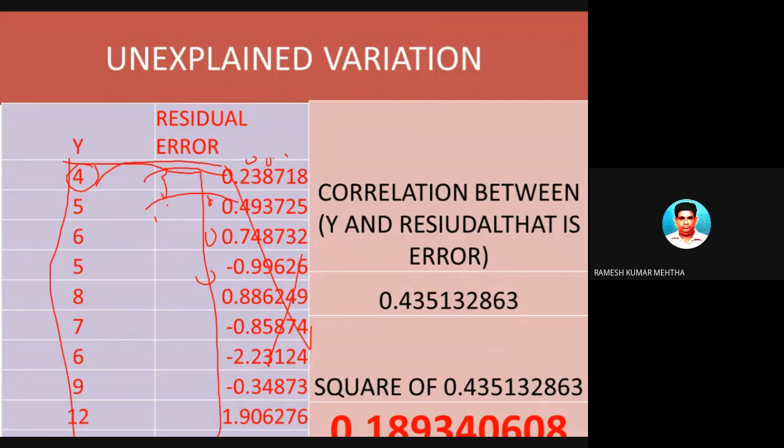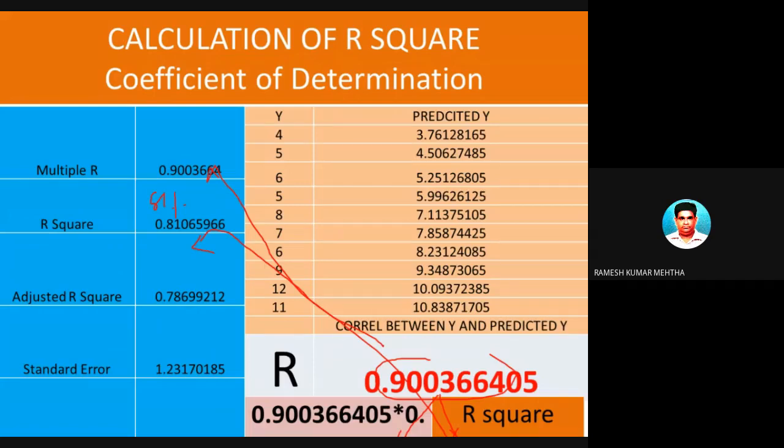So when I find out the correlation, I will get 0.433. Then I will square it and I will get 0.189. How did I get 0.189? Another way is you just do 1 minus 0.81, and you will get 0.19, the same figure.